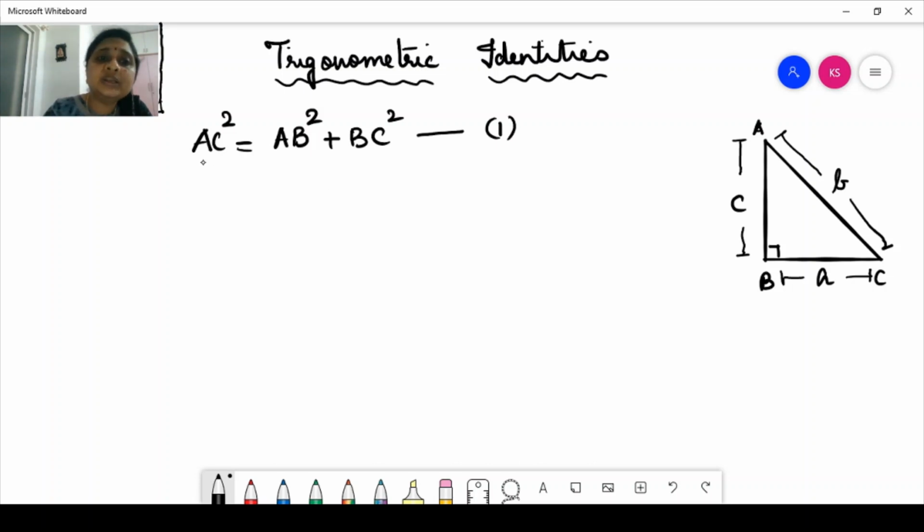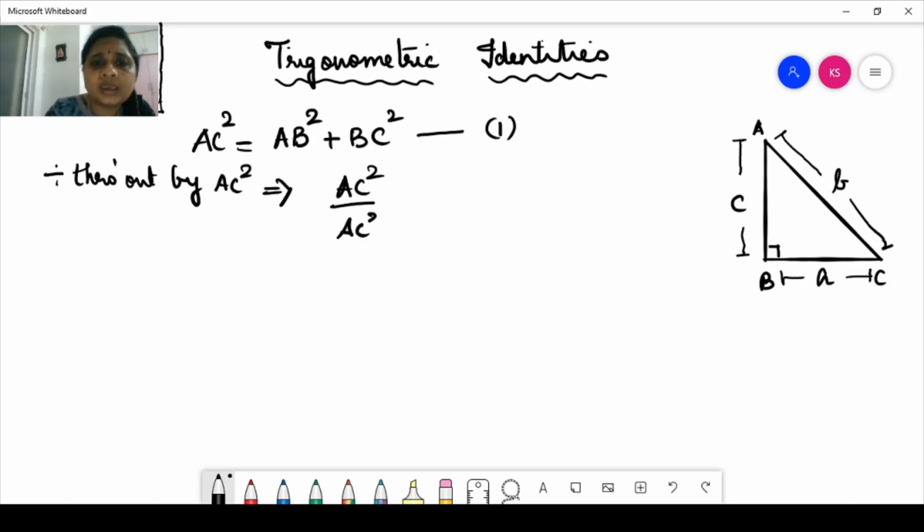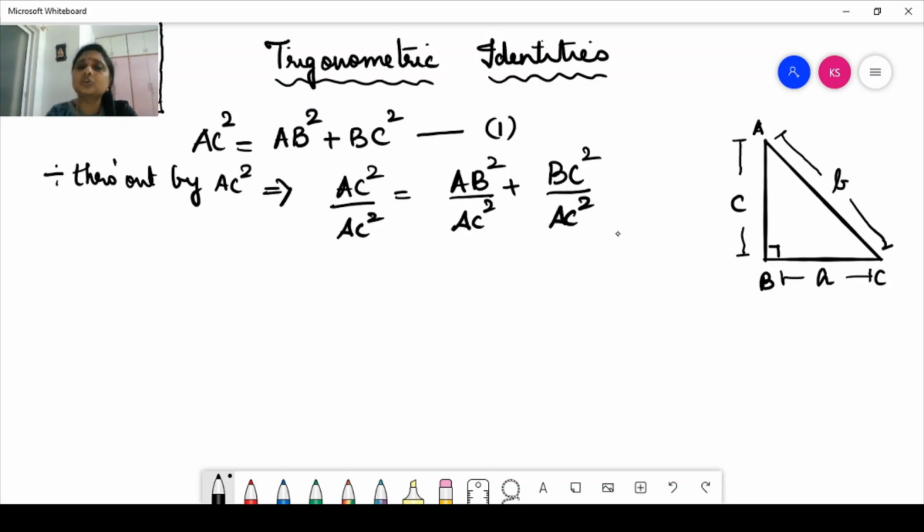So I'm going to divide throughout by AC square. What do we get? We get AC square by AC square equal to AB square by AC square plus BC square by AC square. This is not wrong because I'm doing this to every term of the equation, and this retains the balance of the equation.